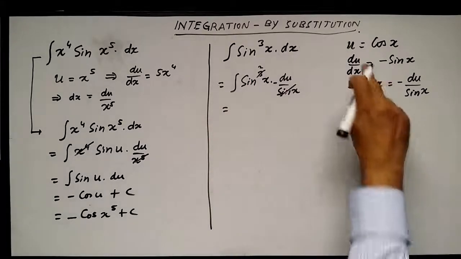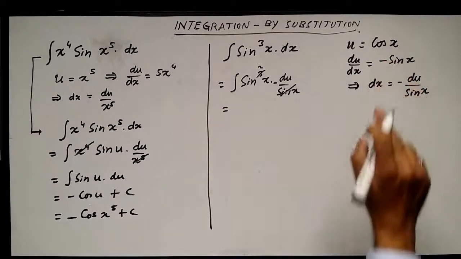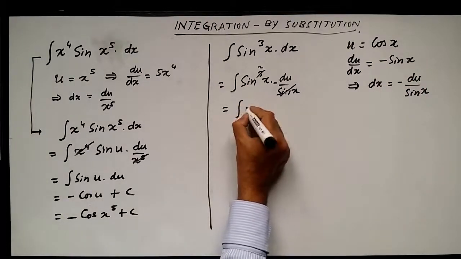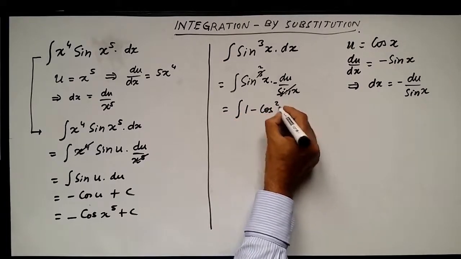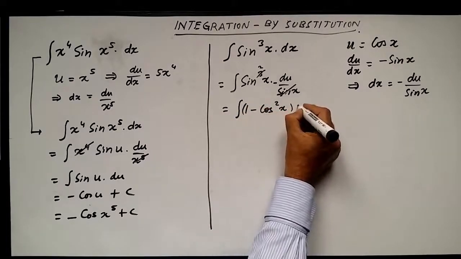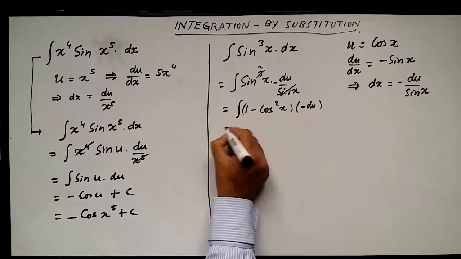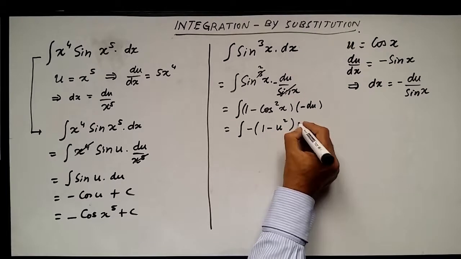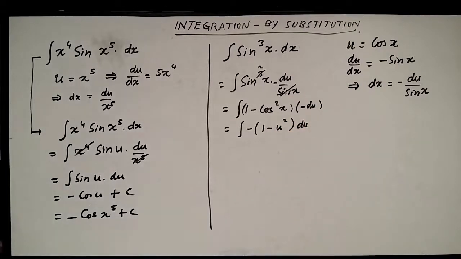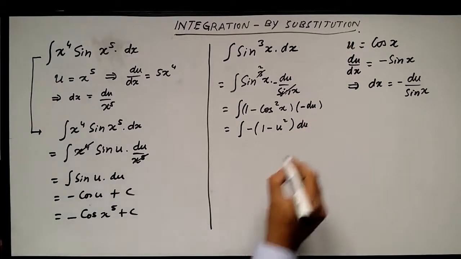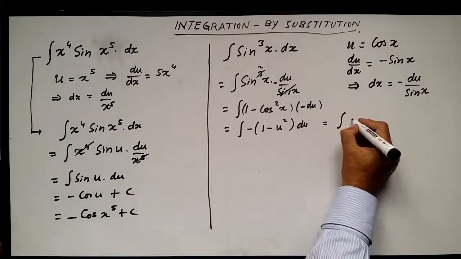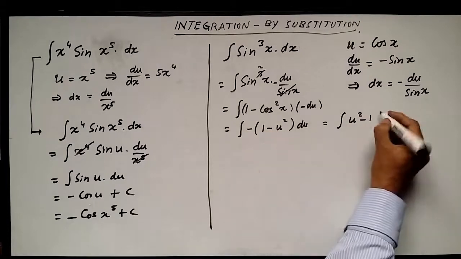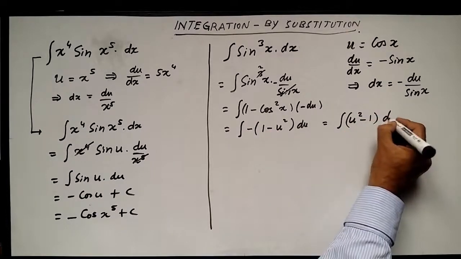Now, because we have replaced u equal to cos x, again we will apply the simple trigonometric identity and replace sine square x by 1 minus cos square x, and this is minus du. So this becomes integration of minus 1 minus u square du, which is the same as writing integration of u squared minus 1 du, because minus times minus becomes plus.